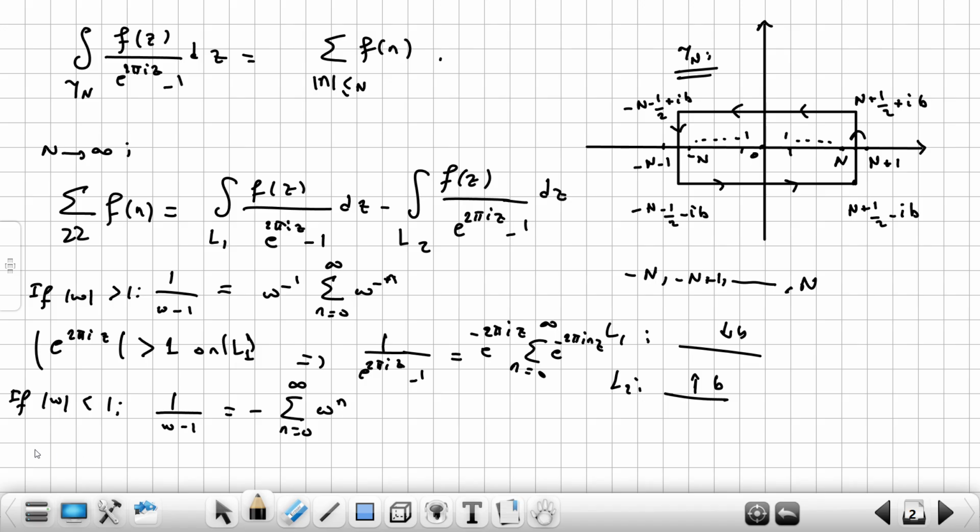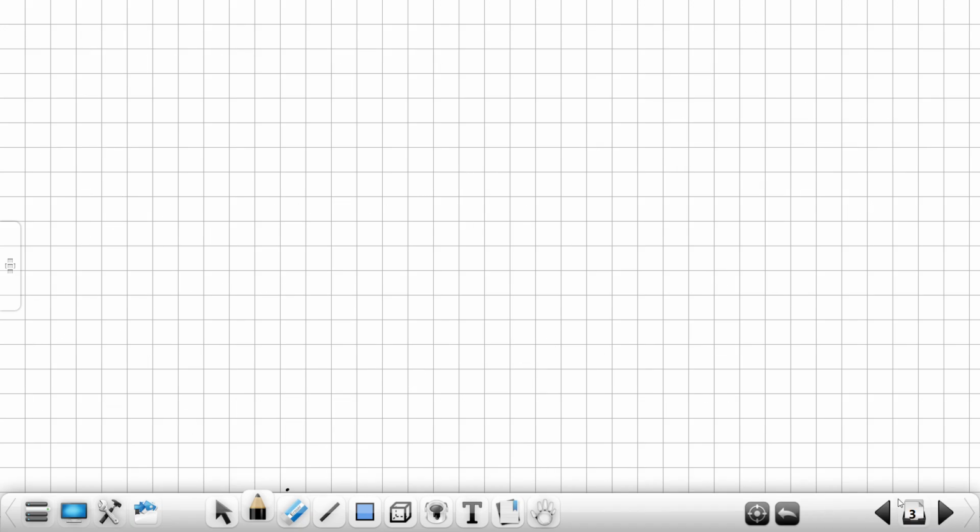And on L2, e to the power 2 pi i z in modulus is less than 1, so you conclude that 1 over e to the power 2 pi i z minus 1 is equal to minus the summation from n equal to 0 to infinity of e to the power 2 pi i z n, on L2 of course.